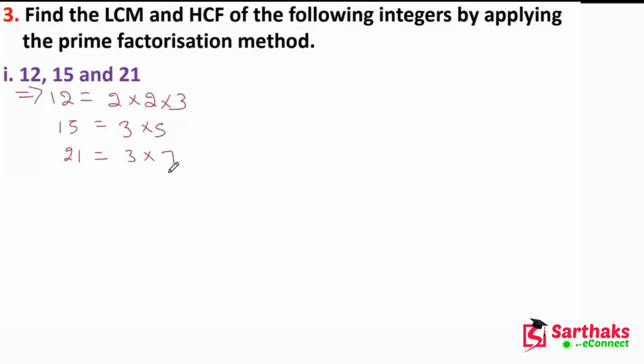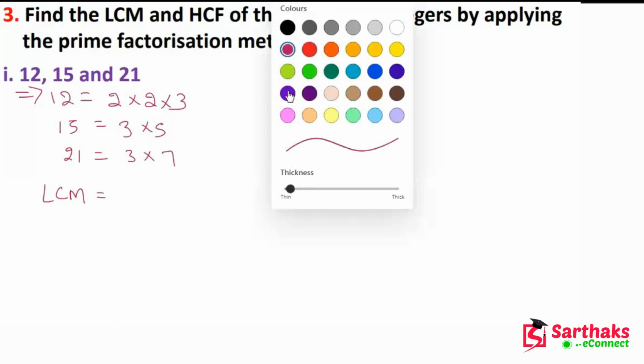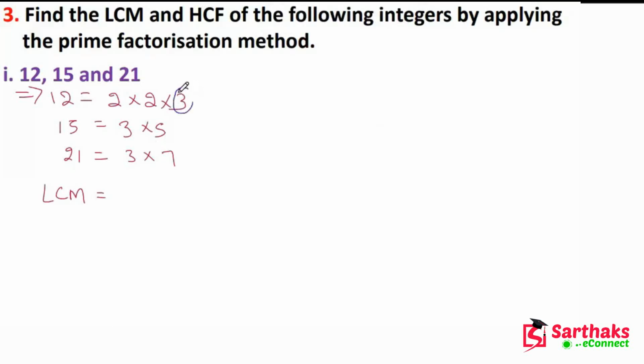Now what is the LCM? What are the common parts? The common part is 3, 3 and 3. So here we write the common part, 3, and write the rest of the uncommon parts, meaning 2 into 2 into 5 into 7.